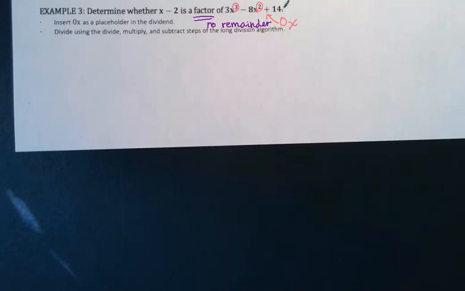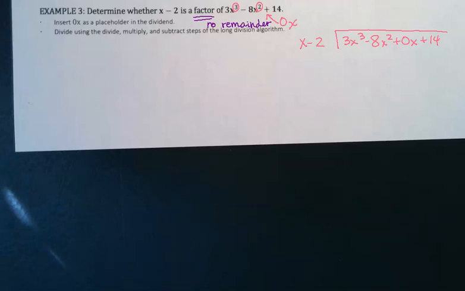So we're going to have 3x cubed minus 8x squared plus 0x plus 14, divided by x minus 2. Then we're going to divide using the divide, multiply, subtract steps of the long division algorithm.